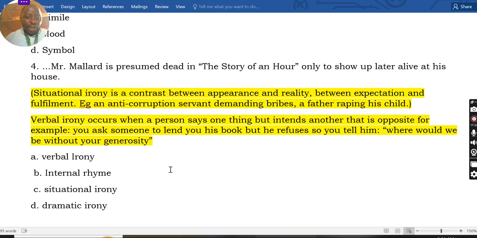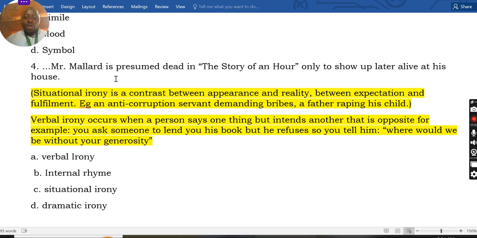So let me go to the alternatives here for number 4. And remember, number 4 says that Mr. Mallard is presumed dead in the story of an hour, only to show up later, alive at his house. Is it verbal irony? Is it internal irony? Is it situational irony? Is it dramatic irony?